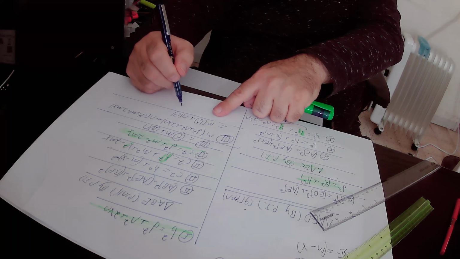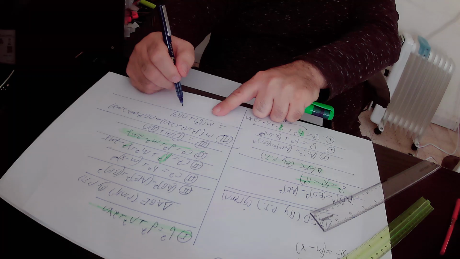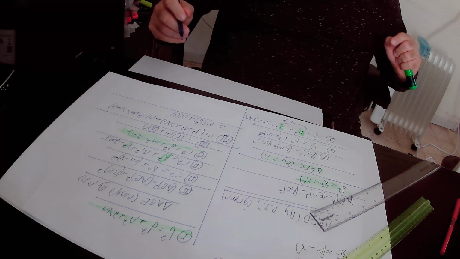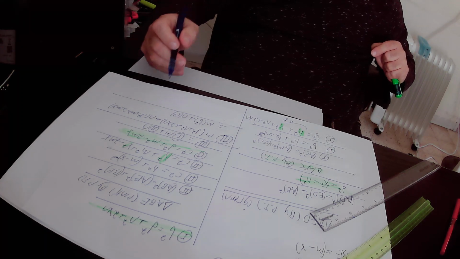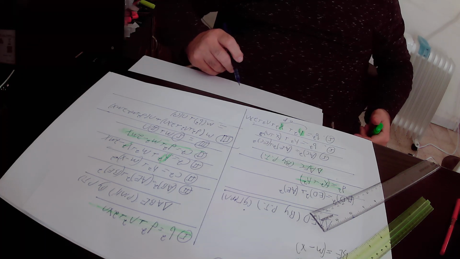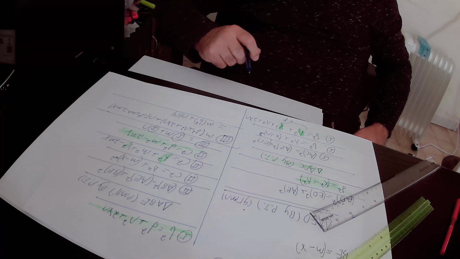We will add the two left sides of equation number 1 and 2 with each other. Okay? That is to say it is mb squared plus nc squared. Okay? In the next step, we'll open the brackets on both sides of this equation number 3.